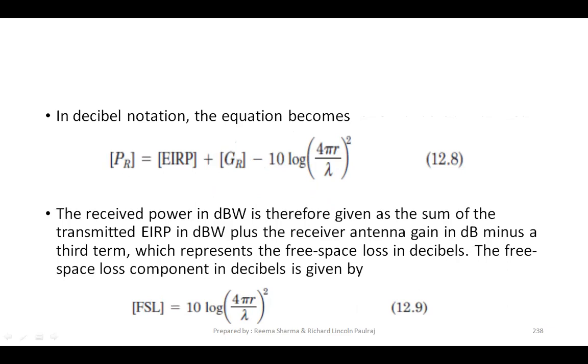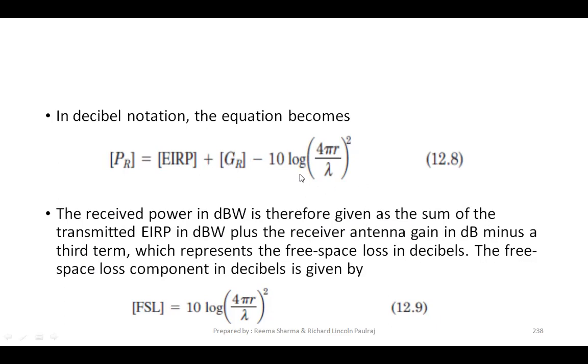Now, you'll have to make note of all these formulas, and make sure whether it's going to be in dB or the watt format. The received power in dBW is therefore given as the sum of EIRP plus the receiver gain minus a third term which represents free space loss.